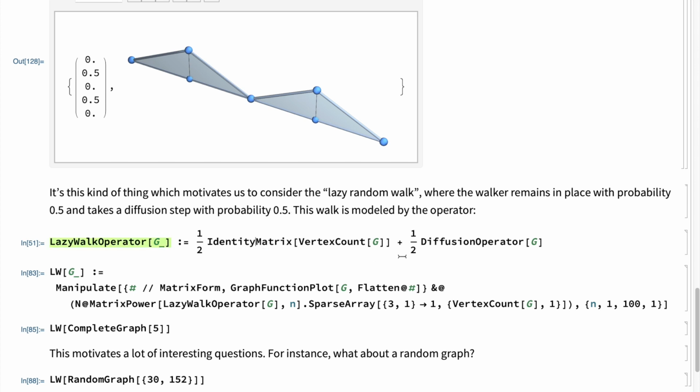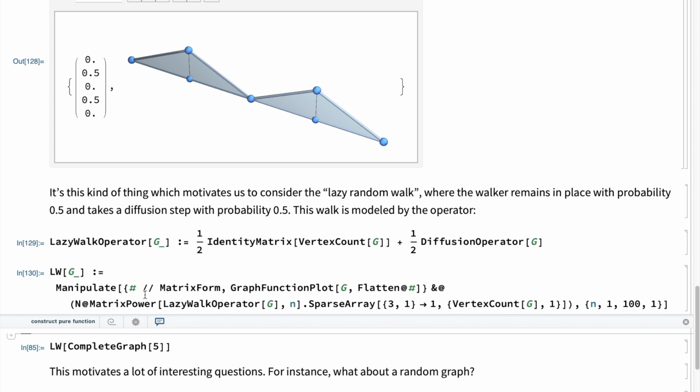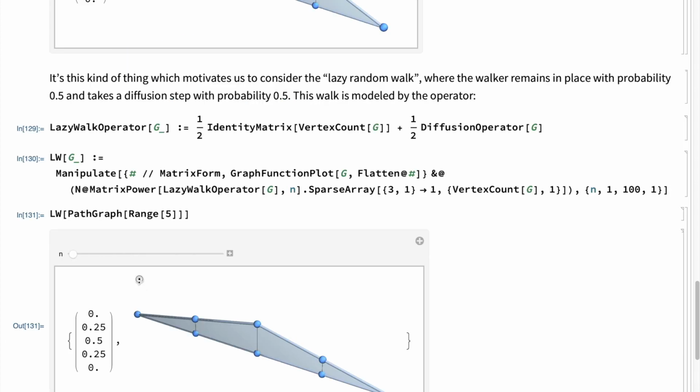So here is the lazy walk operator. Half the time you stay put, that's the identity matrix. Half the time you diffuse. We'll make the corresponding picture, lazy walk for path graph range 5. All right, this is what it looks like after one step of lazy diffusion.